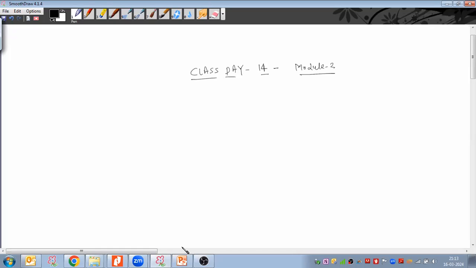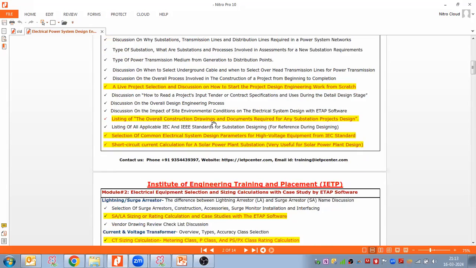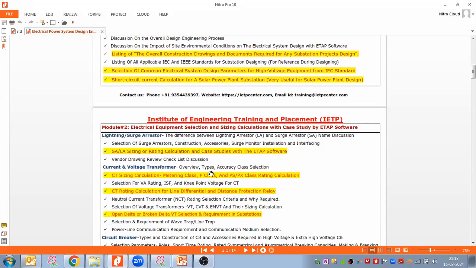Coming back to the syllabus, what have we discussed so far? Module 1 was the introduction and overall project process. After that, we started module number 2, where we are discussing equipment selection and their sizing or rating calculations.